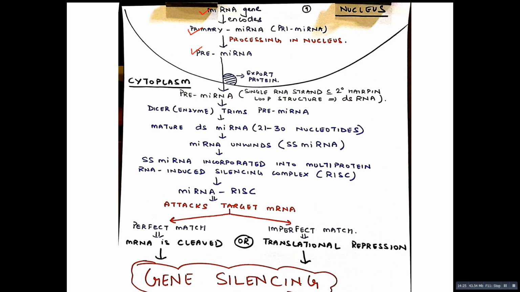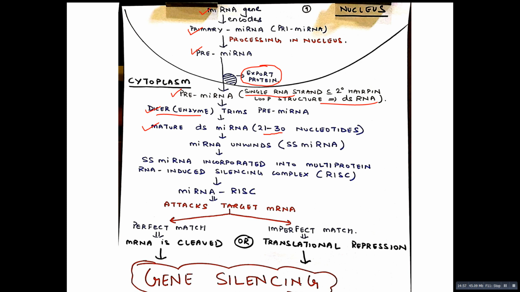This pre-miRNA is actually single-stranded, but it has a secondary hairpin loop structure because of which it becomes a double-stranded structure. This double-stranded pre-microRNA is trimmed by an enzyme called dicer. This produces a mature double-stranded microRNA which is 21 to 30 nucleotides in length. The microRNA unwinds and forms single-stranded microRNA.